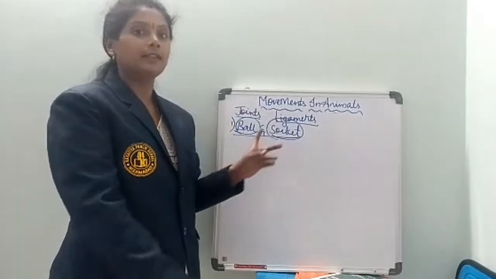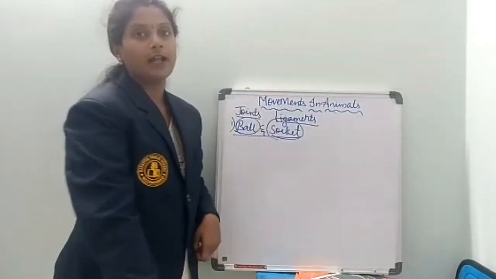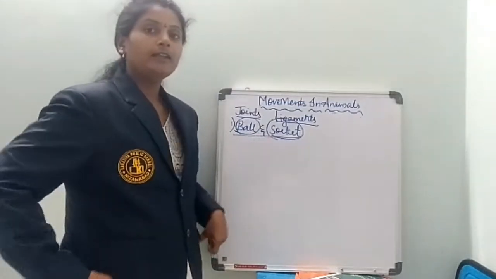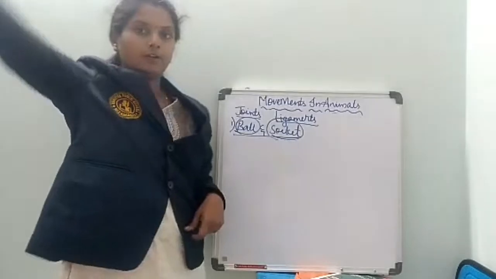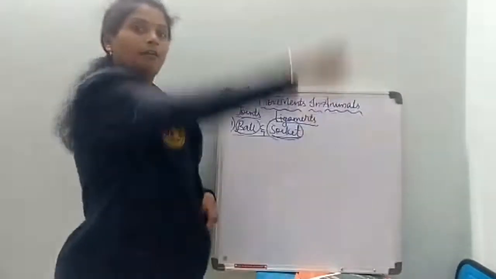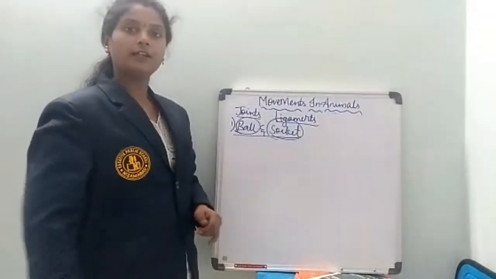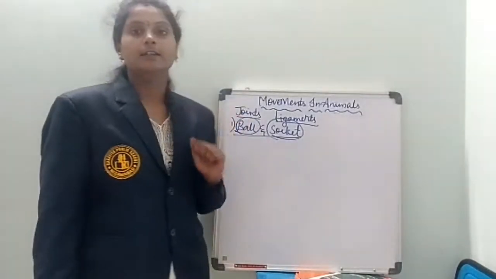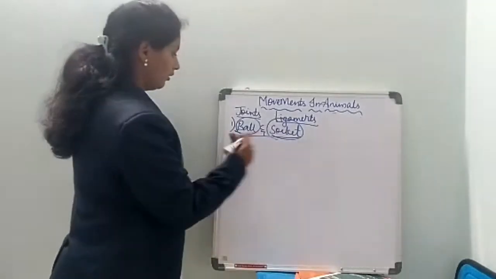For example, it is present in the shoulders, the pelvic region and the knee region. You can rotate your leg and I can rotate my hand like this, front or back. Here, which type of joint is helping? The ball and socket joint. This is about the ball and socket joint.